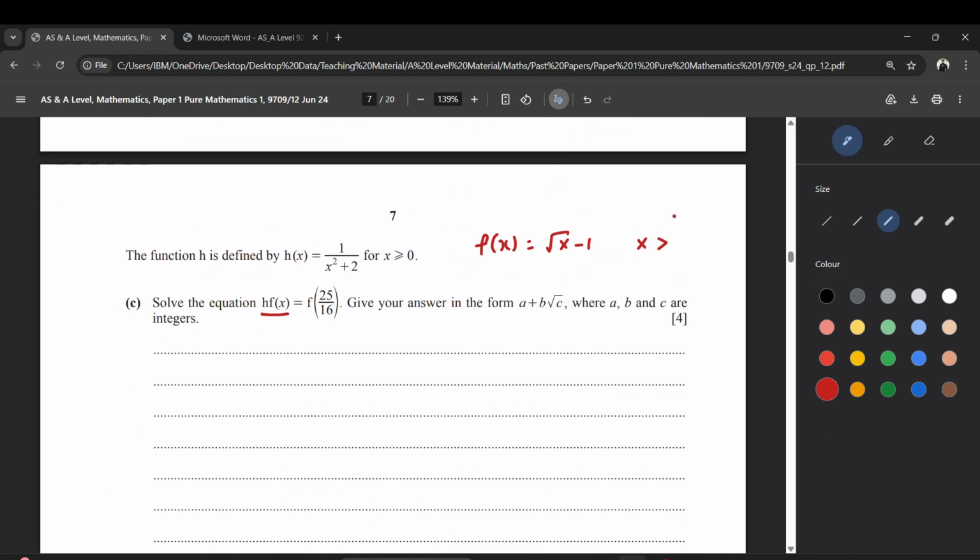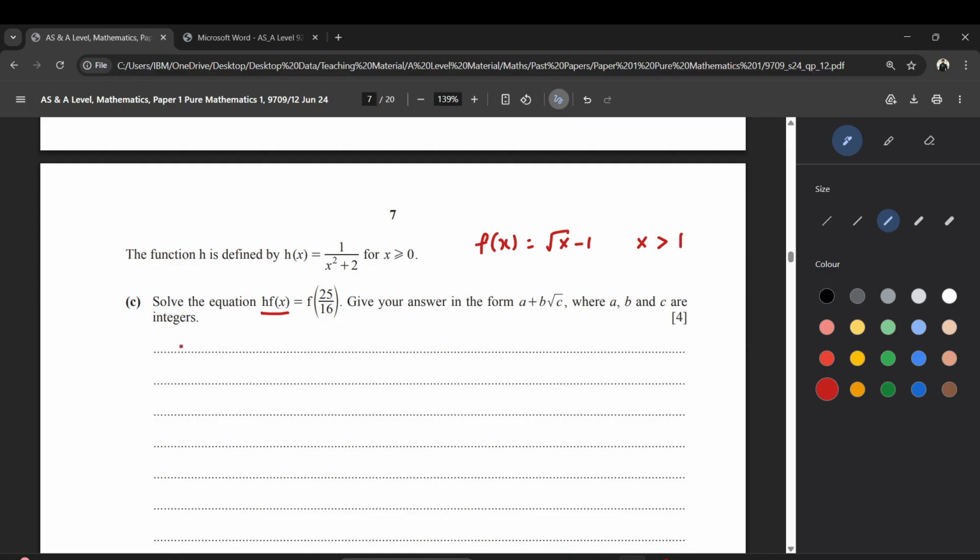Yes. Okay, so now h of f of x means I'm going to substitute the x value in this function by f of x. So therefore, 1 upon, I'm going to write this whole expression in place of x.